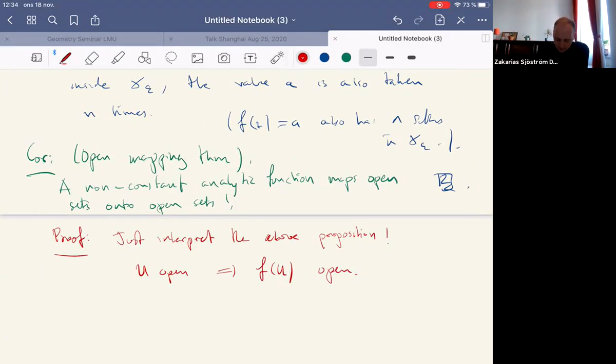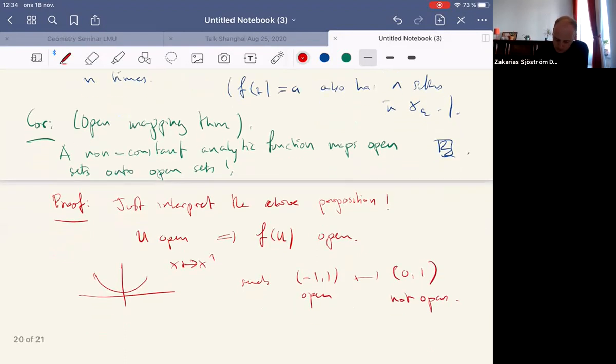And again, this is in complete contrast with the example x goes to x squared, same example, which sends this open interval to 0, 1, which is not open. So, contrast to real variables.